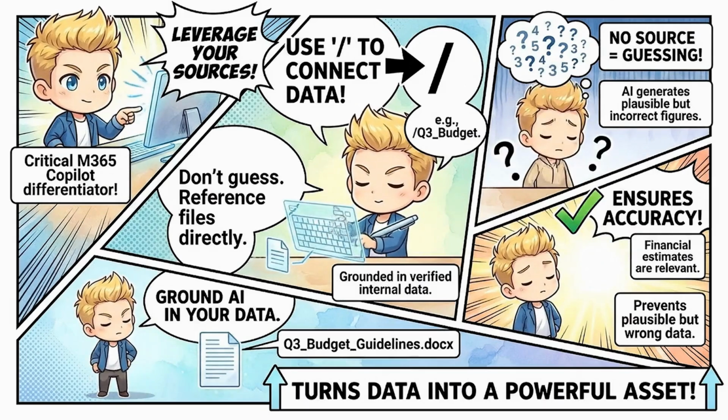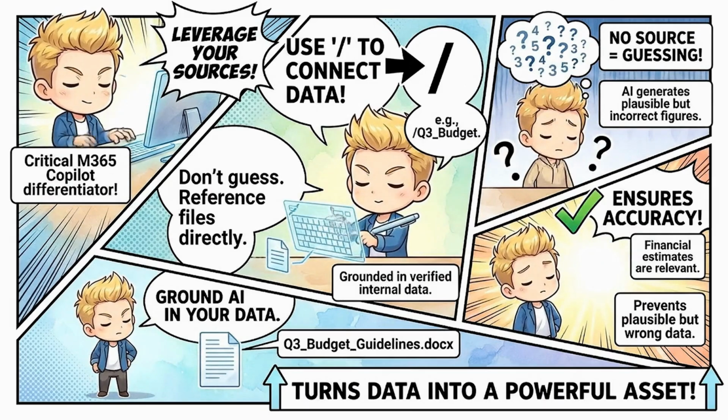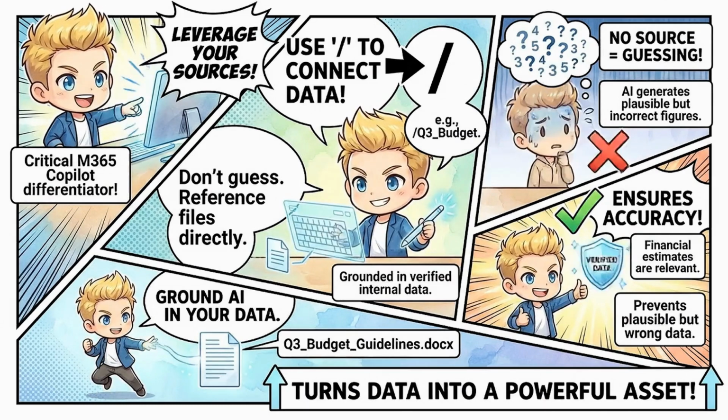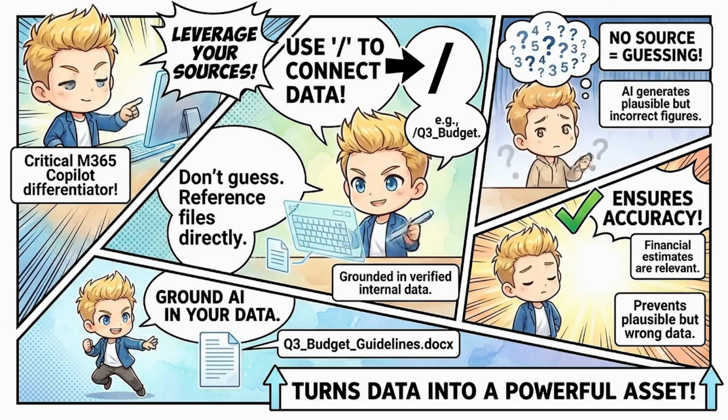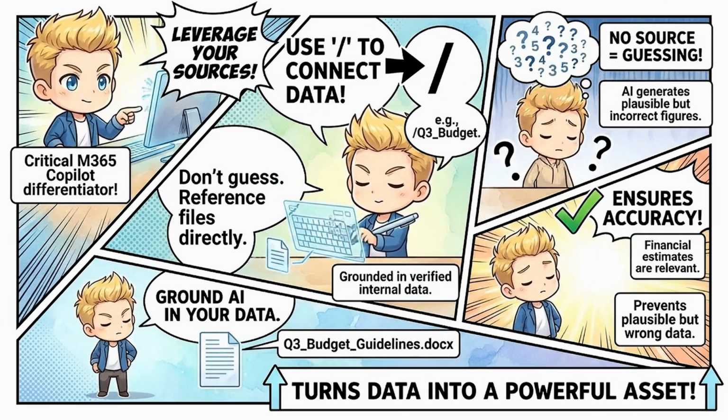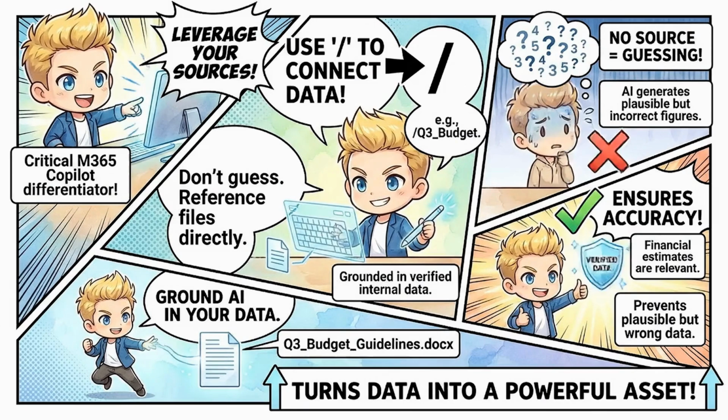Third, David must leverage his sources. This is a critical differentiator for Microsoft 365 Copilot, as it seamlessly integrates with your organizational data, turning it into a powerful asset. Instead of letting Copilot guess budget figures or marketing spend, David can use the / character, which allows him to directly reference an existing file, instructing Copilot to base the financial projections on the /Q3 budget guidelines.docx document.